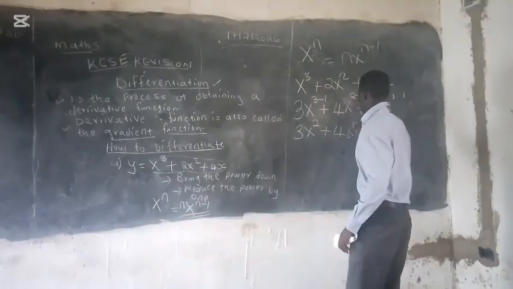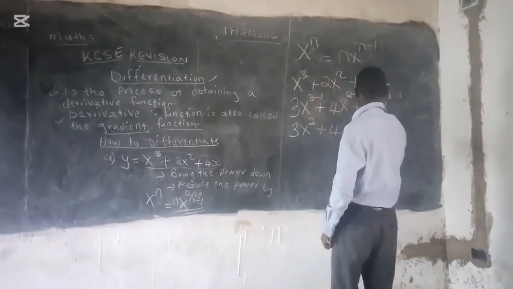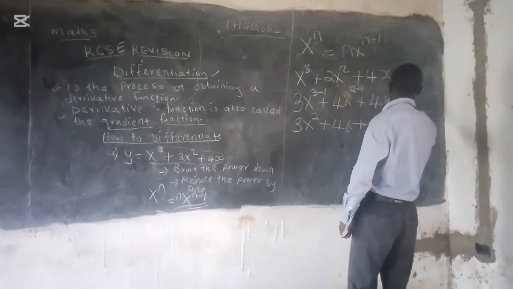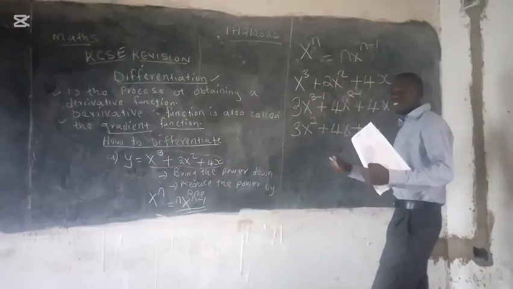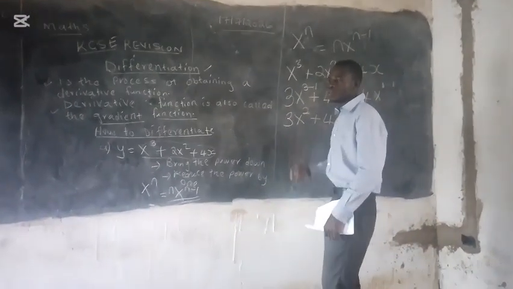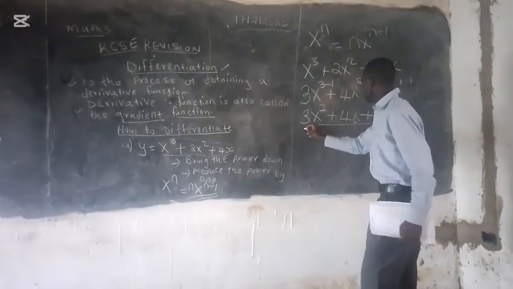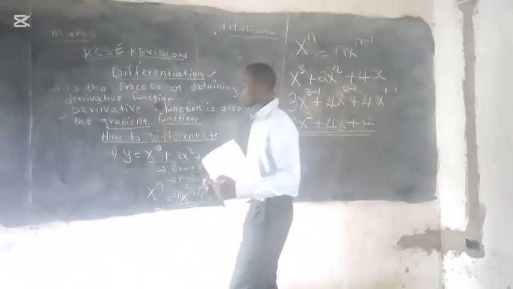If we have x raised to power 1, it remains x. We don't put the power 1 there. Plus, we have 4x raised to 1 minus 1, so it becomes 0. Therefore, x does not exist there. So this is our derivative, or this is what we call our gradient function.